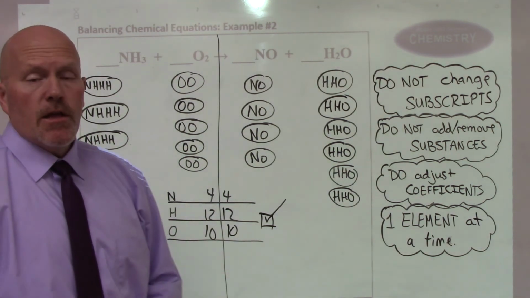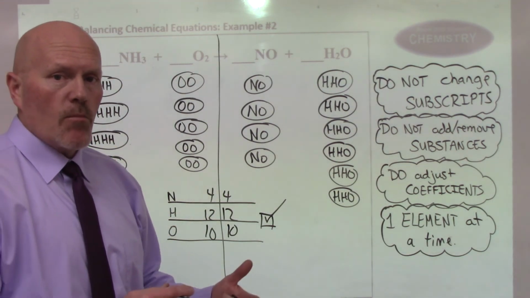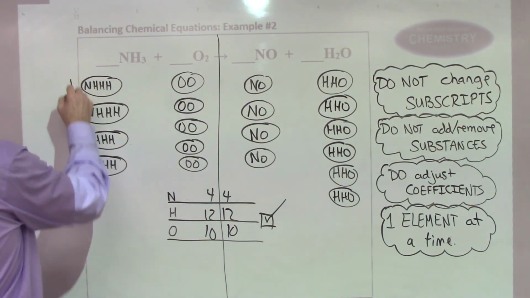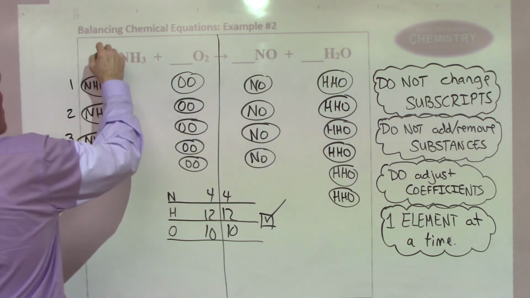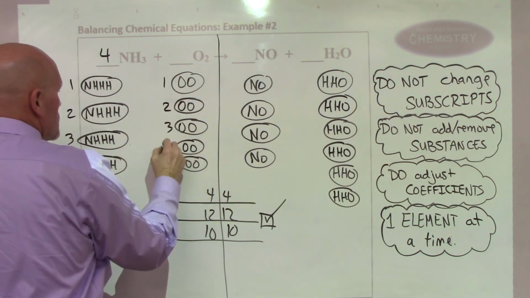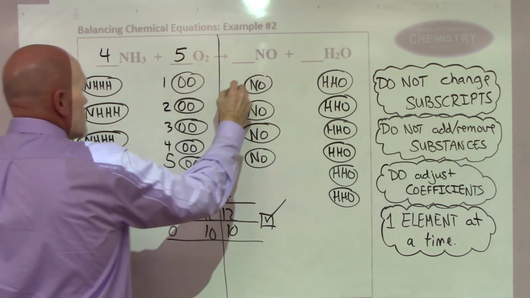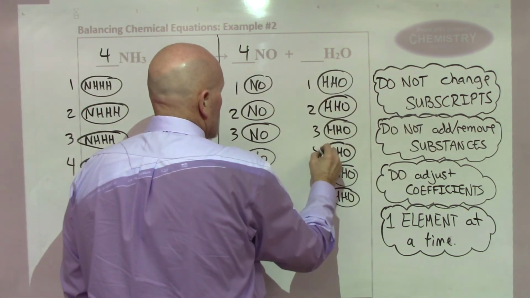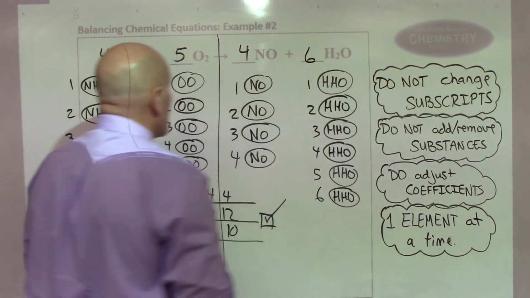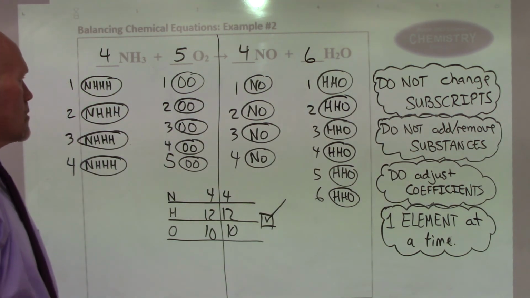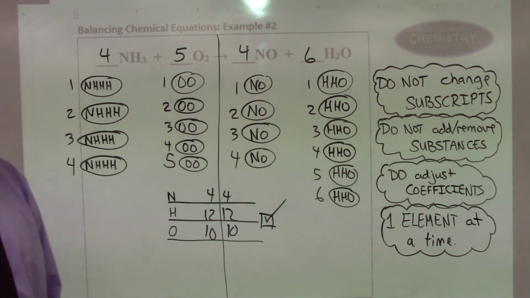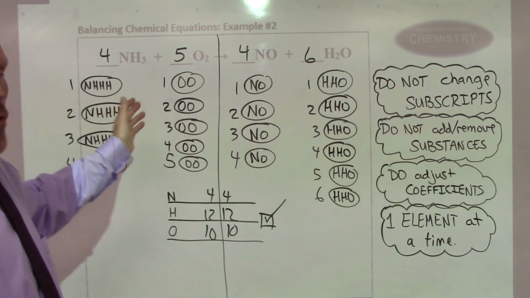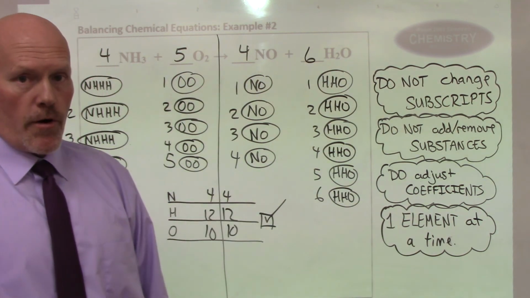I am balanced. Last thing we need to do is count up the number of molecules of each substance, and that becomes our coefficients. That is our finished equation. We are now balanced with the coefficients of 4, 5, 4, 6 in that order.